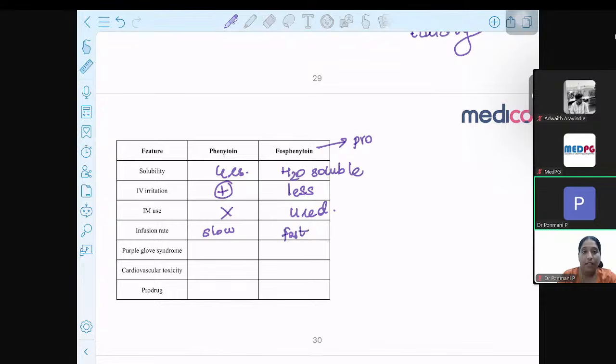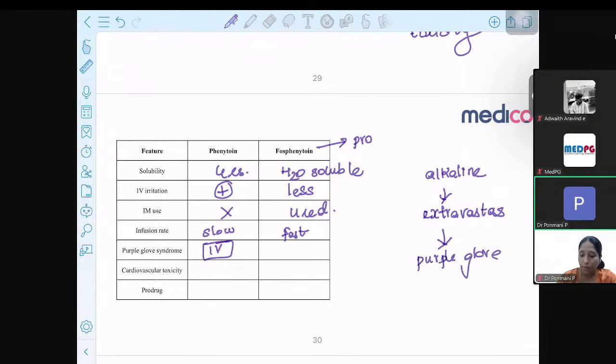And purple glove syndrome. What is purple glove syndrome? When you administer phenytoin IV, phenytoin is a highly alkaline drug. So if it extravasates outside the blood vessels, it can cause damage there, and it can cause something called purple glove syndrome.